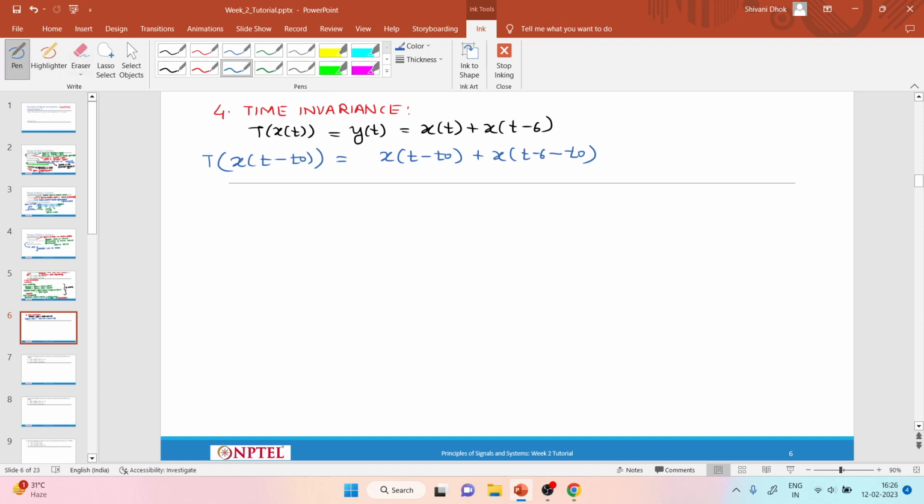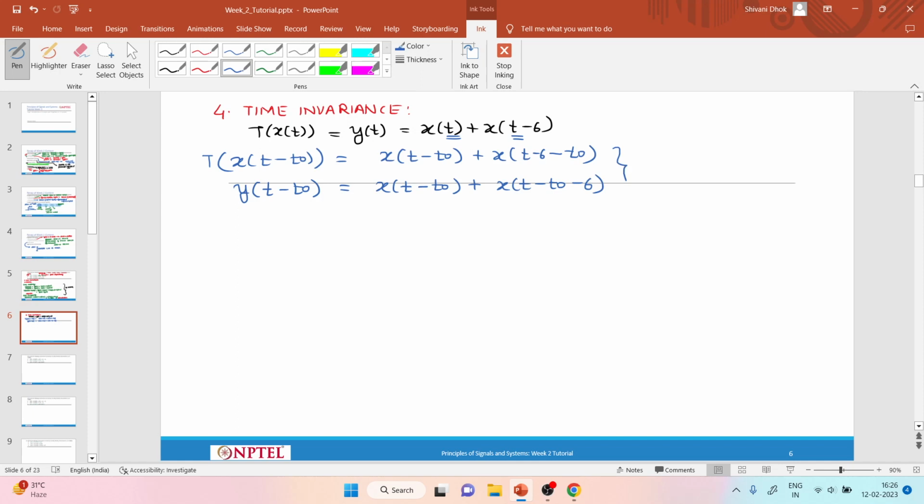And now if we shift the output, that is y of t minus t naught, in this case we need to replace every t with t minus t naught in this equation. That will give me x of t minus t naught plus x of t minus t naught minus 6.